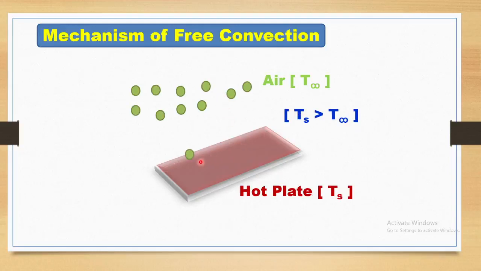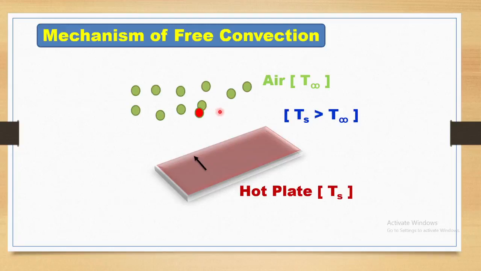Initially, the cold particle which is in contact with the hot plate, by virtue of temperature difference, will receive heat and it will also become heated. When it becomes heated, its density decreases and it becomes lighter and it moves in the upward direction. While moving upward, it comes into contact with a cold air particle.